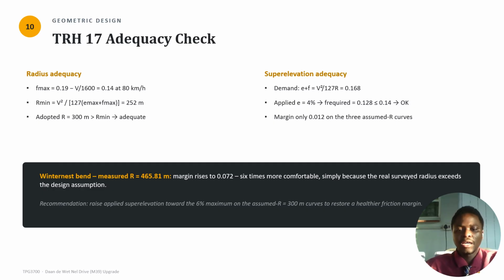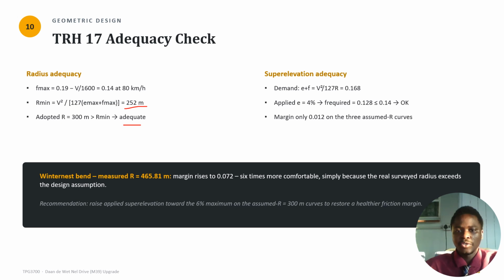And also the TRH17 adequacy check shows that my F max is 0.14, the maximum 0.14 at superelevation at 80 kilometers per hour, and my minimum radius shows to be 252. My assumed 300 radius is above 252, so it's adequate.